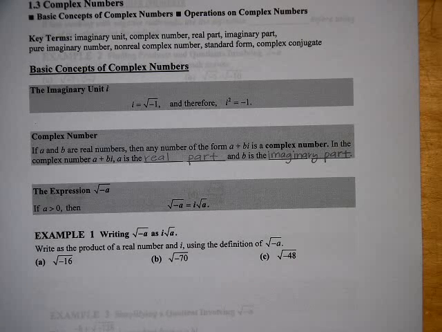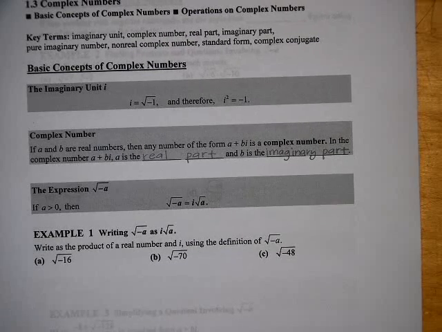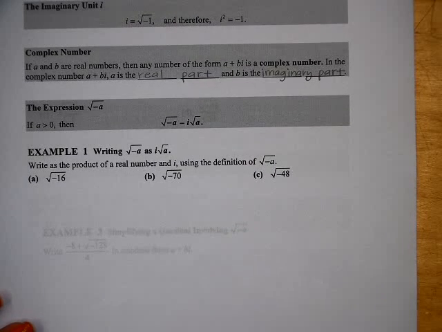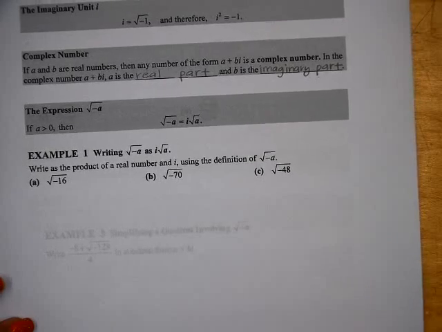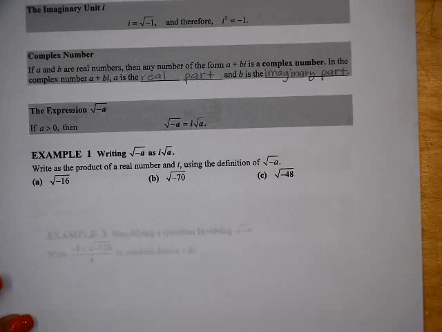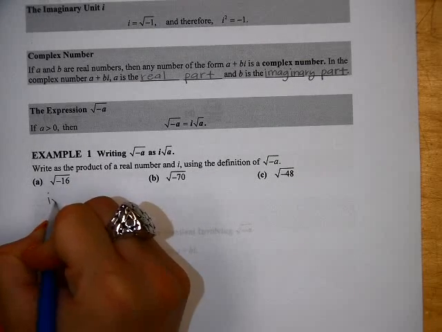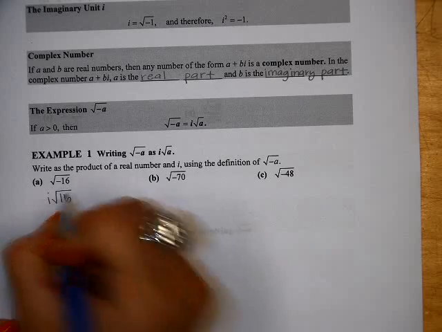So if you look at part A in example 1, we have the square root of -16. We want to start out by using again this definition that we just talked about with the square root of -a and rewrite this as i square root of 16.